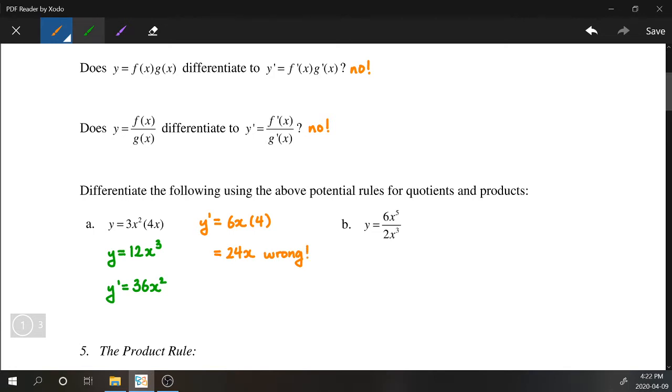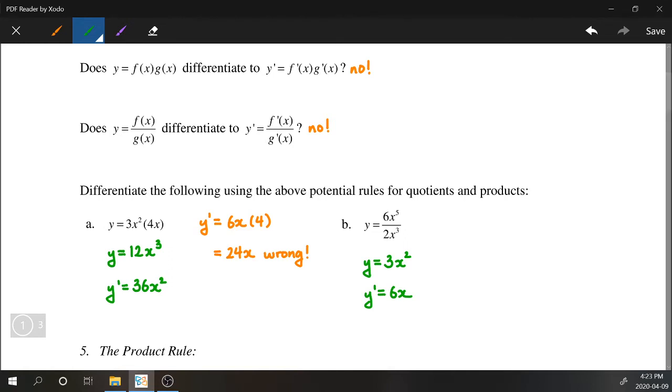Likewise, if we were to divide on the right hand side, for example B, we can divide first. 6 divided by 2 is 3, and then the quotient of the powers will be just x squared. And of course, the derivative will be 6x.